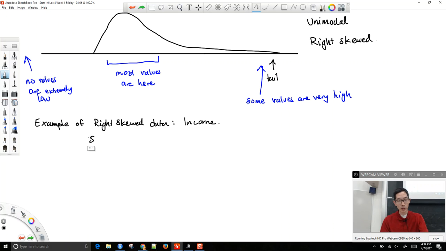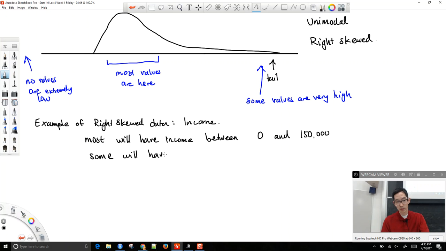We'll say most will have income between 0 and 150,000, but some will have income of 1 million or more.